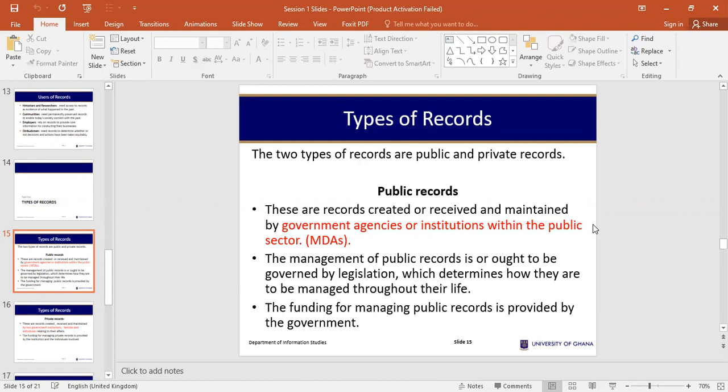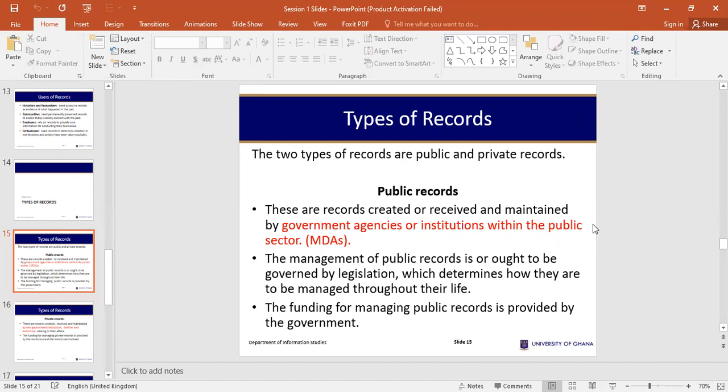It's the general public that pay taxes, and the taxes end up being used to fund government projects. And so we say these are public records, the records that are generated by staff working per their schedules.